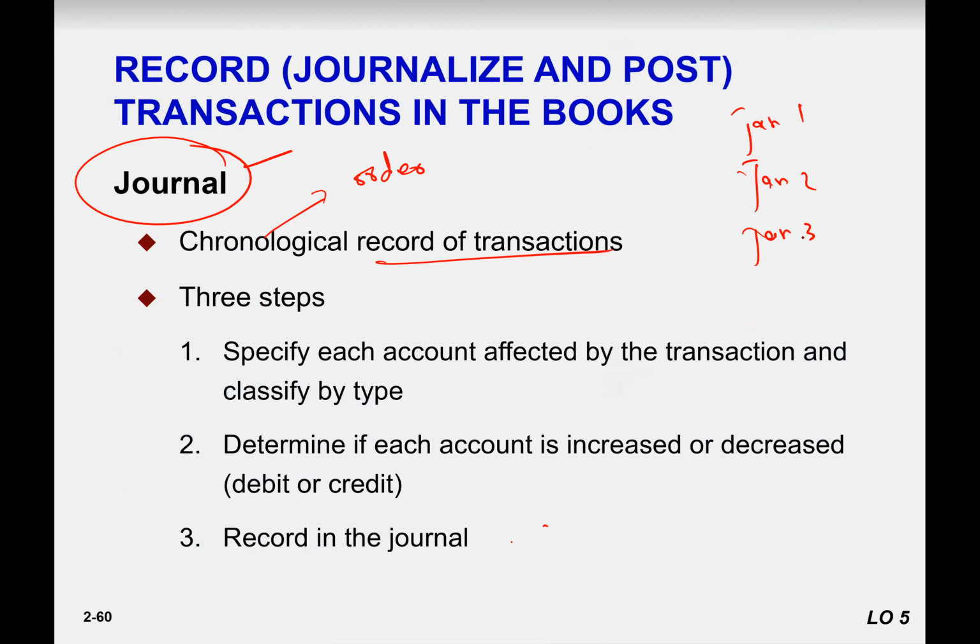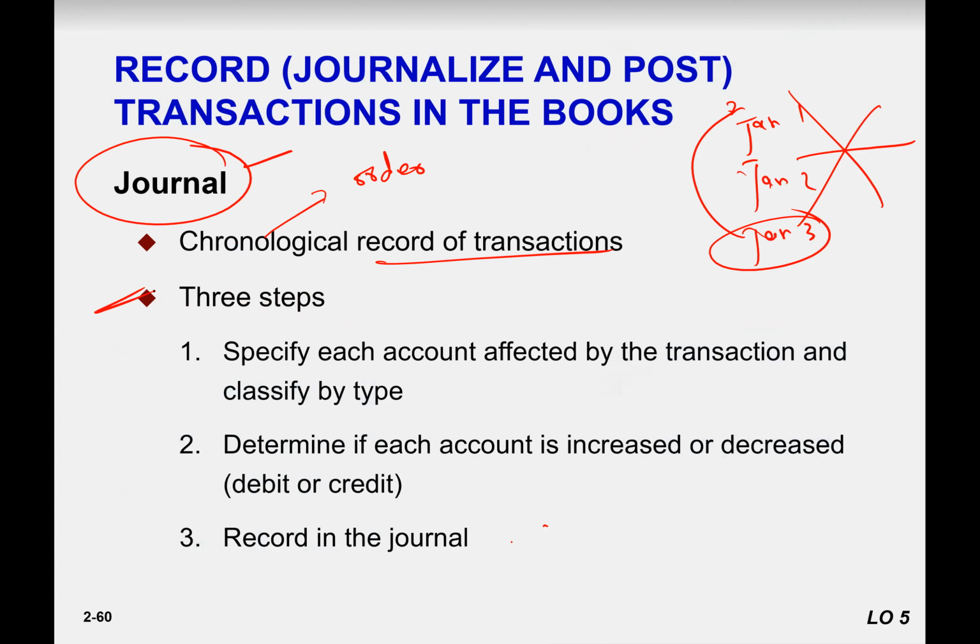You open the book and you see that the January 3 transaction is before January 1. If that happens, then it's not recommended. You can say that there may be some kind of error, or this may lead to a fraud. Okay? So it's a chronological order.